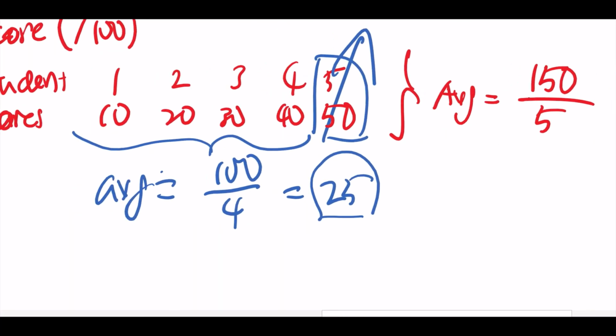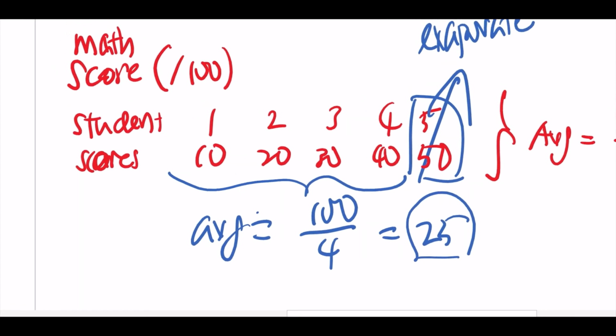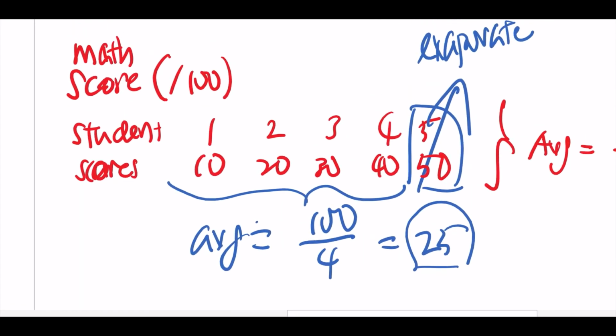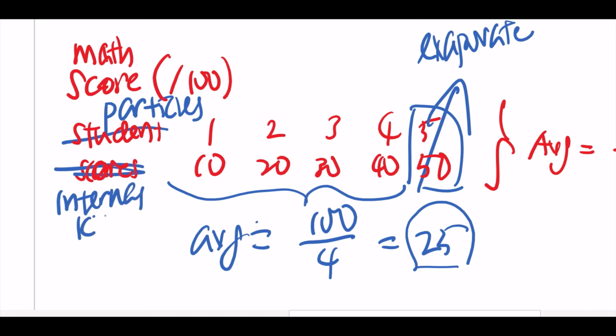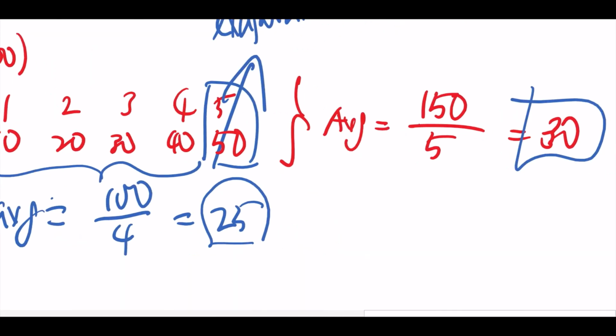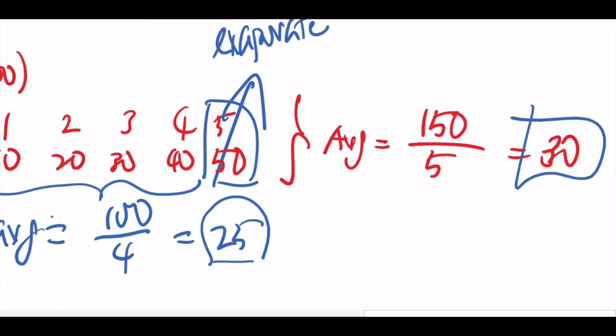So if we think of this as the energy of the particles, so instead of students, you have particles, and instead of scores, we have internal KE. Can you see why the temperature has dropped when the higher energy particles evaporate off?